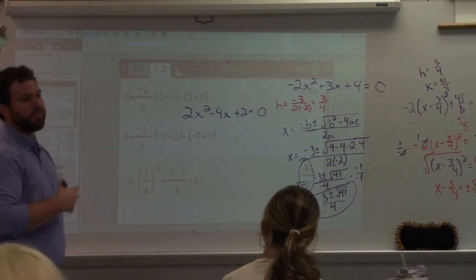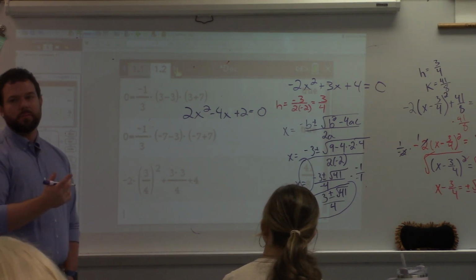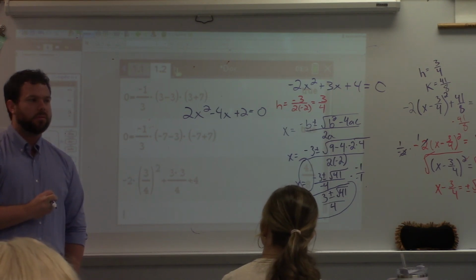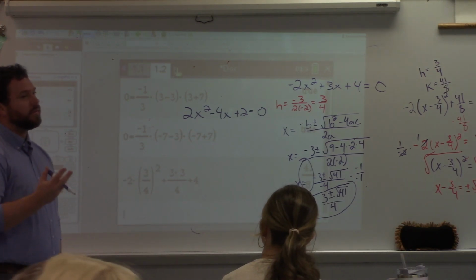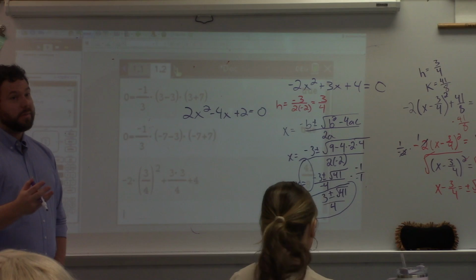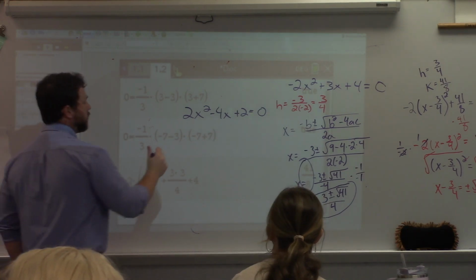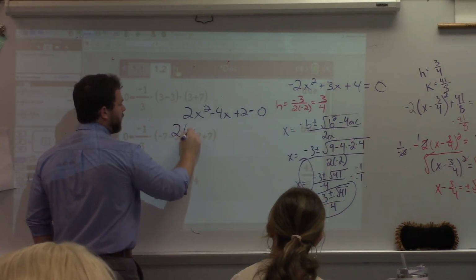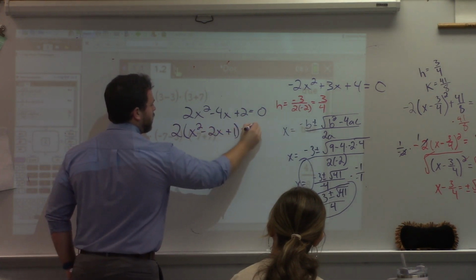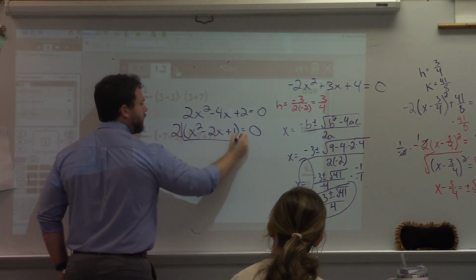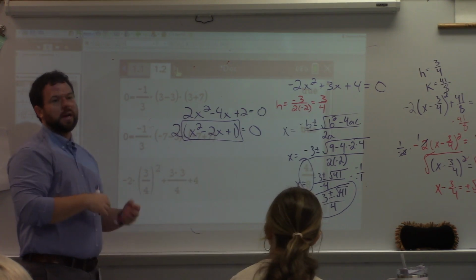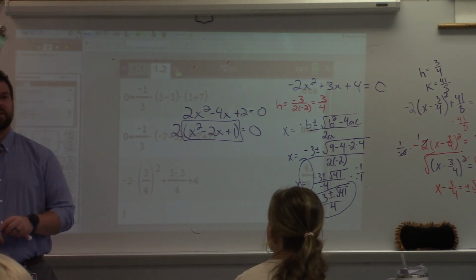Before I try to factor, before I try to do anything, what do you notice about all of those terms? They can all be divided by 2. And so, I wouldn't necessarily divide everything by 2, but I would definitely factor that 2 out, and then I would just work with this. Does that make sense? Because that would allow me to think about that zero product property, things like that.